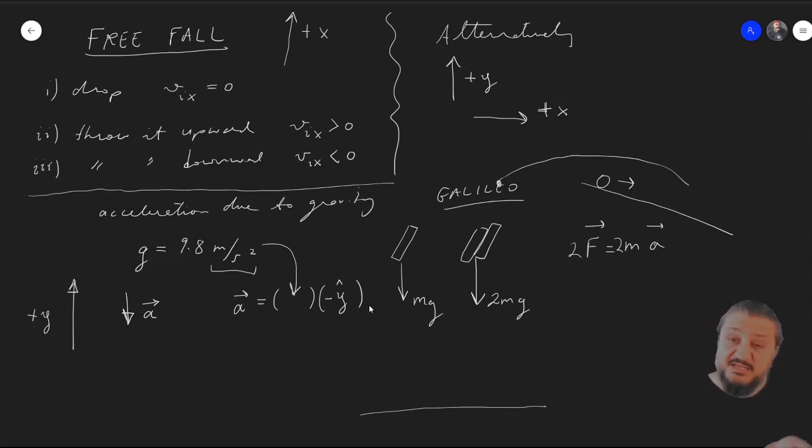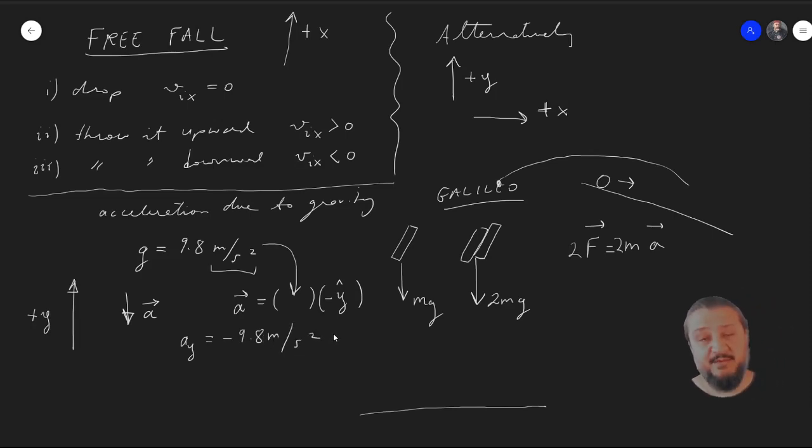So when I use the component then, AY is not 9.8, it's negative 9.8 meters per second square. Okay, that's very important. Signs are very important in physics.